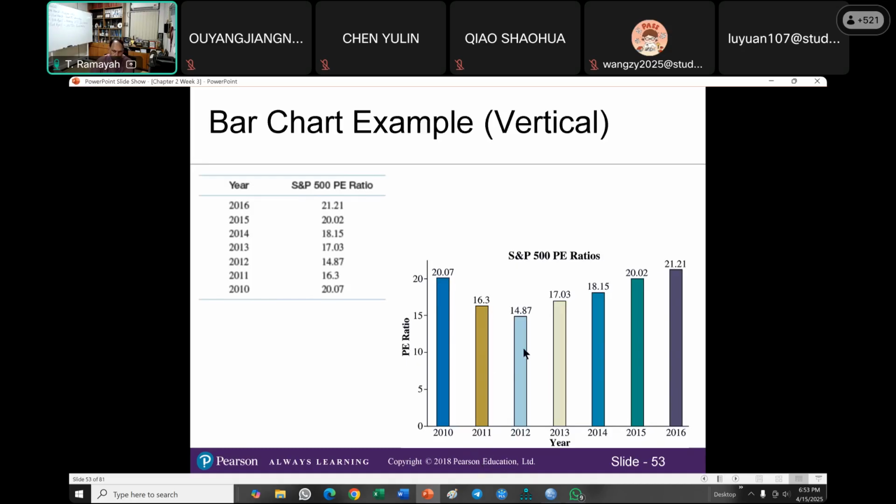In 2011, 16.3. What it means is if the bars are taller or higher, the values are higher, so the PE ratio is higher. This is the lowest, 14.87. This is the highest, 21.21. So instead of looking at the numbers, we can quickly visualize them with a vertical bar chart.